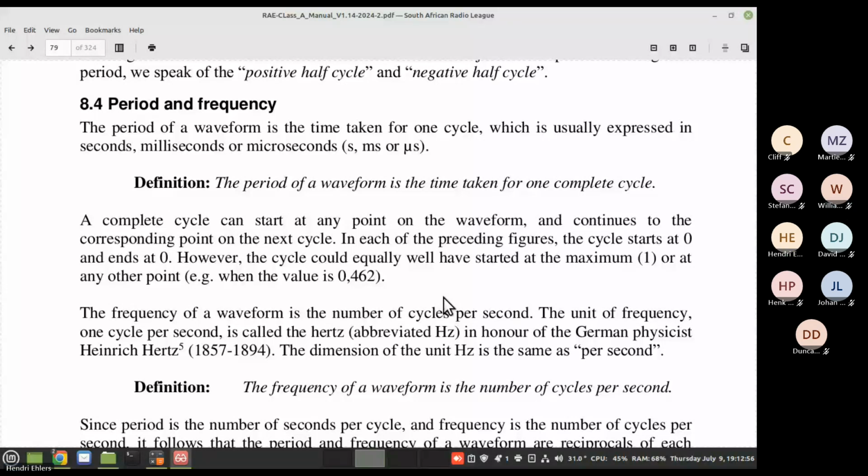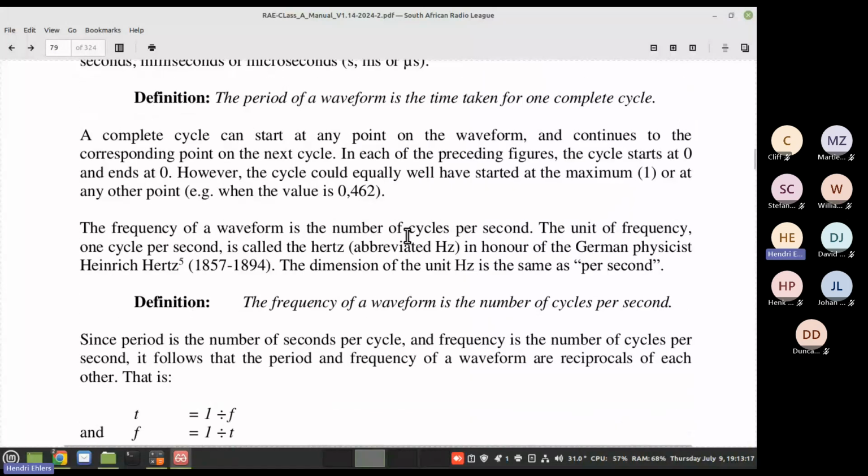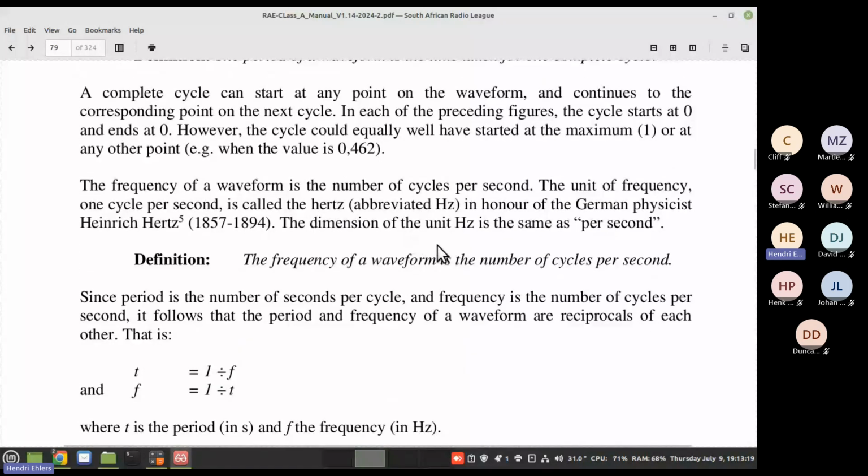But for ease, we start at 0 and end at 360, because it's just easier. It starts at 0 and ends at, well, 0 again, but it could also be 360. So one complete cycle, but it could start anywhere. That's basically what they're trying to say.